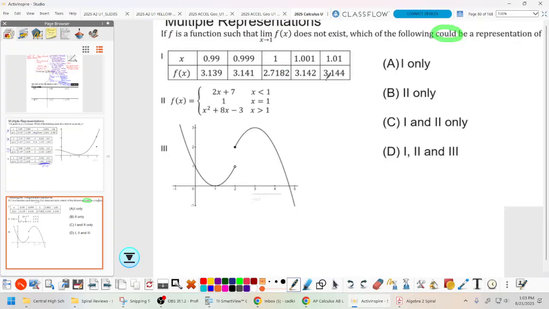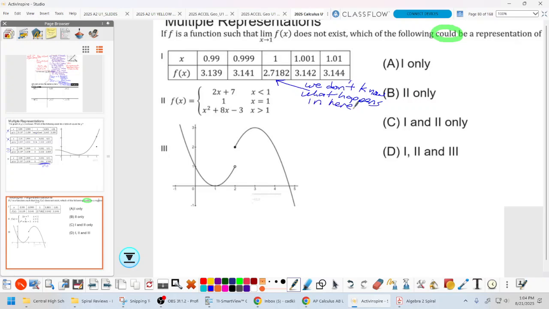And how about this way? Dropping 2, so this would be 3.140. Does the 2.7 matter? Do we know what happens in between there? No. Okay. We don't know what happens in here.